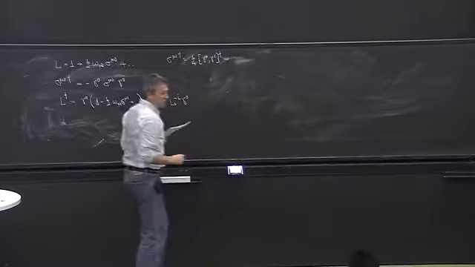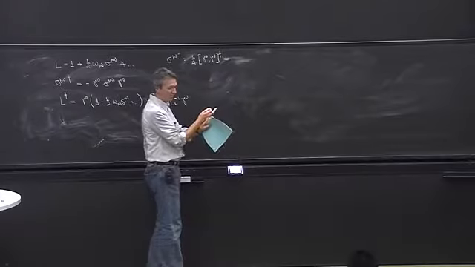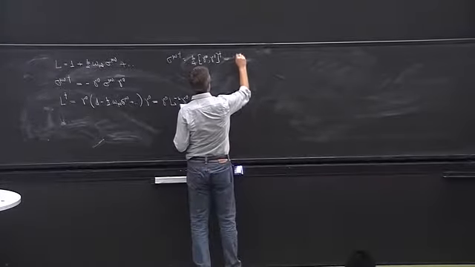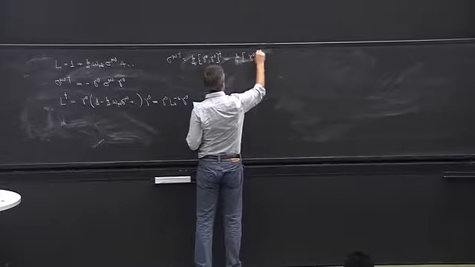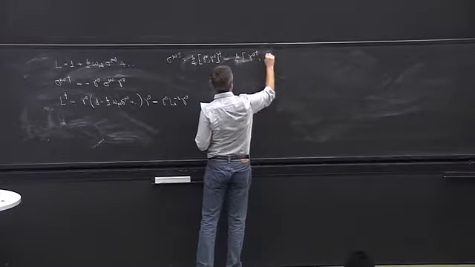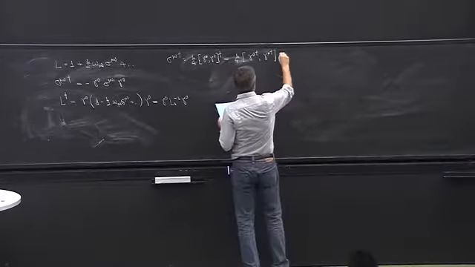Hermitian conjugation interchanges the order in which matrices are operated. So this will be 1/4 of gamma nu dagger, gamma mu dagger.